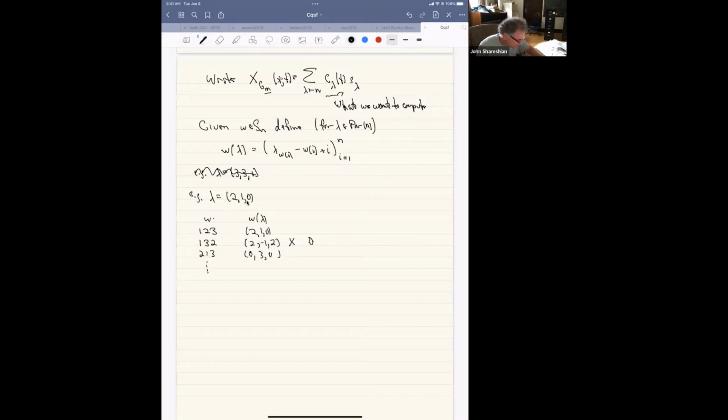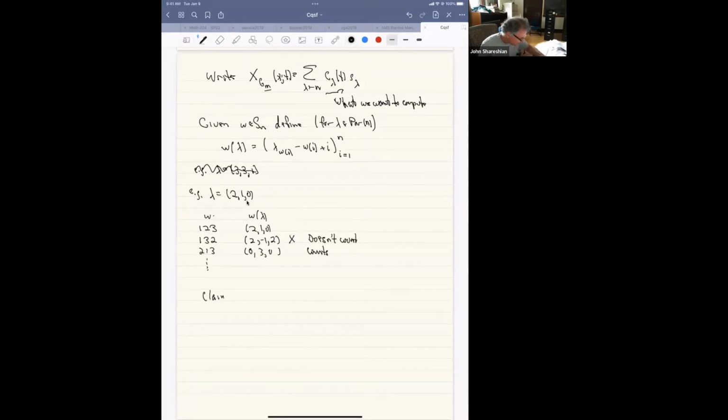So this doesn't count. This counts, right? This is a good composition, right? And so now the claim, right, is that C lambda of T is the sum, well, sorry.